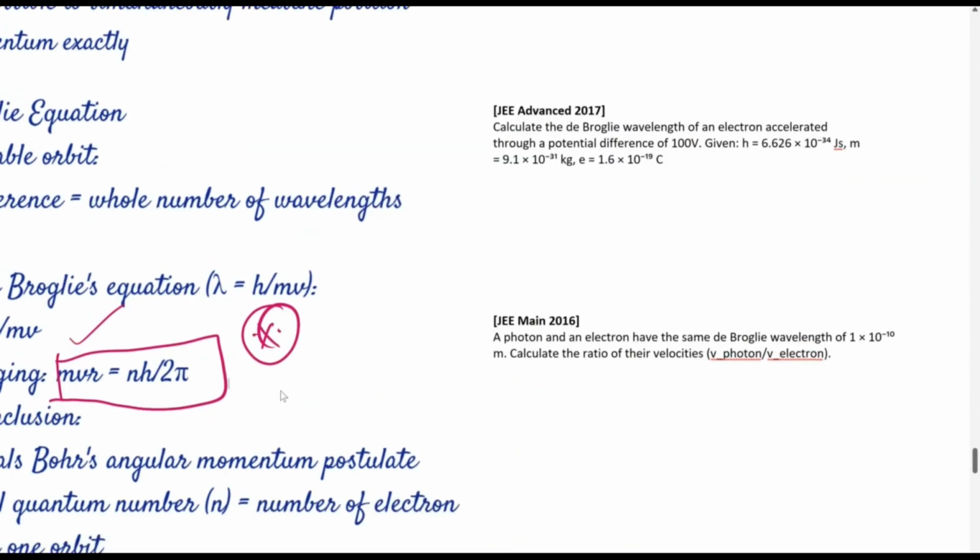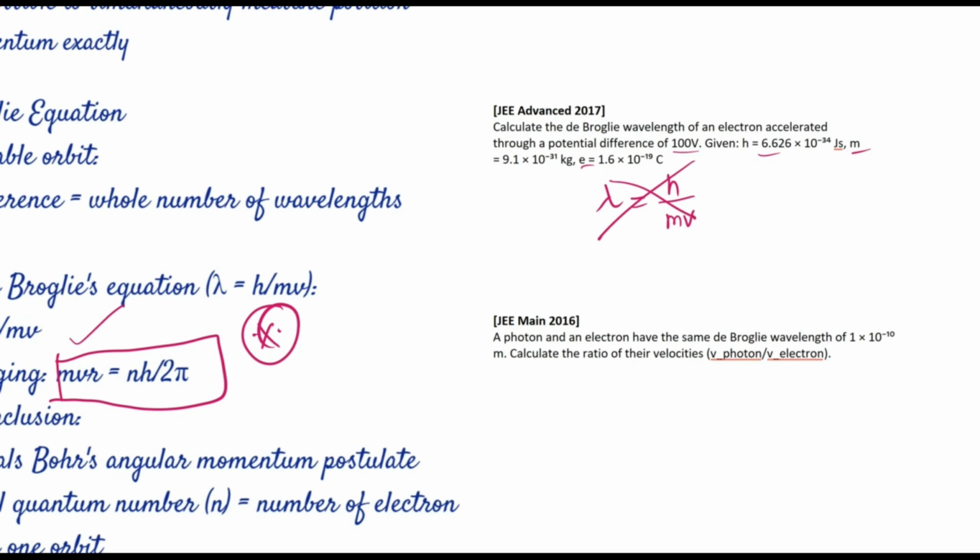Then we'll solve these questions. Calculate the de Broglie wavelength, that is lambda, for an electron accelerated through a potential difference of 100 volts. Given the Planck constant value, they have given the mass and the charge e, that is also given. Potential difference is 100 volts. So we know the formula for de Broglie wavelength is h by mv or h by p, but they are not referring to this.